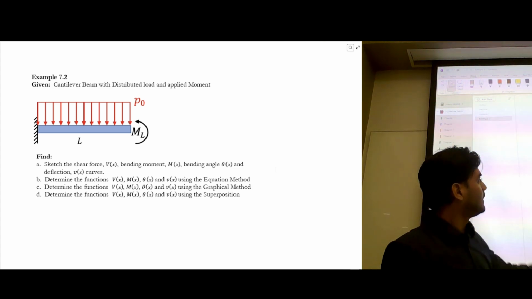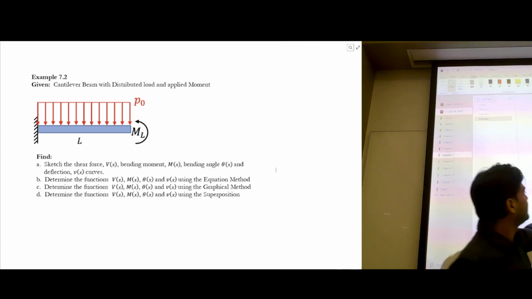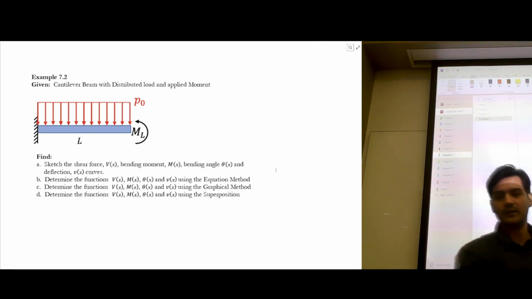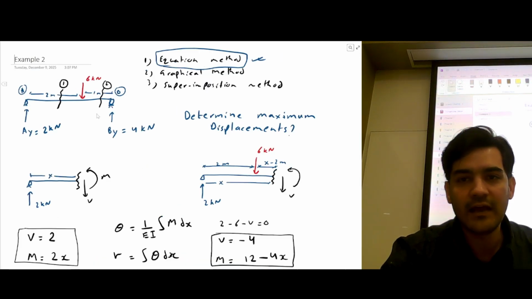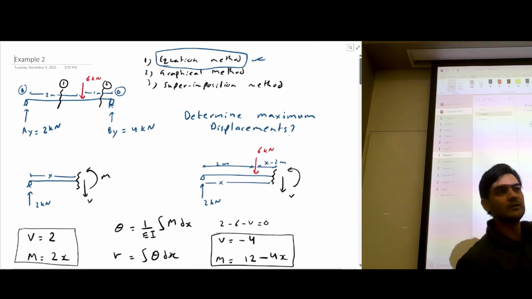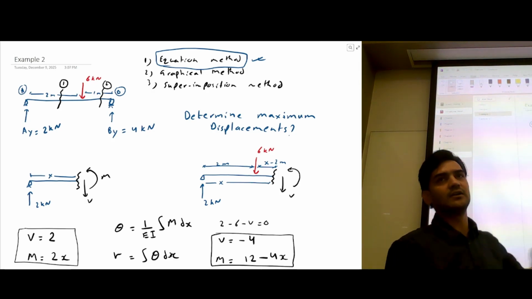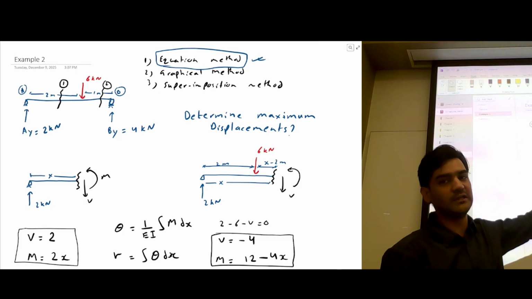So today we're gonna do example 7.2, and in this example, as we have discussed before, we have three methods, right? We have an equation method to calculate the elastic curve or displacements, we have a graphical method, and we have a superposition method.